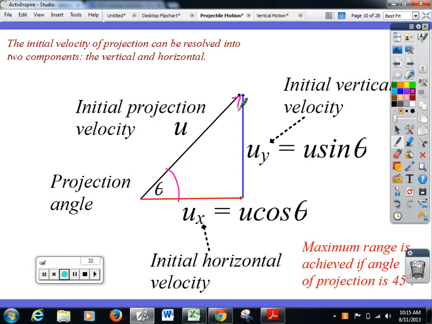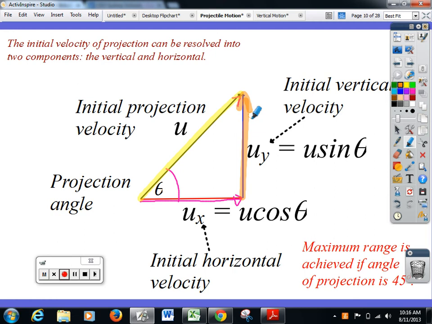So how fast am I pushing it sideways? I'm pushing it sideways by this vector. That vector is the base of a right-angled triangle formed by u as its hypotenuse. The initial upward push would be given by that vector just there, uy.